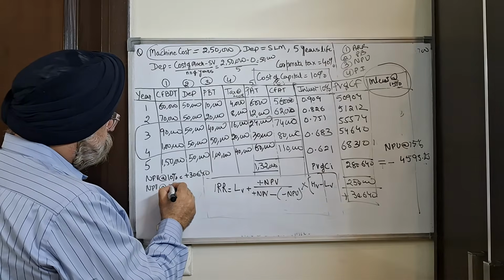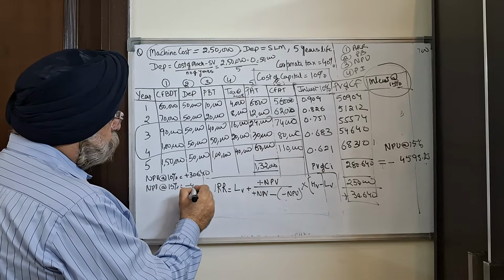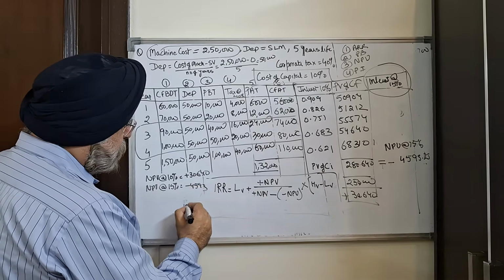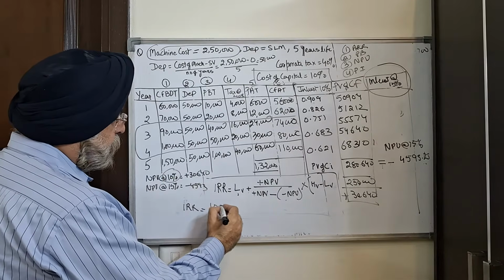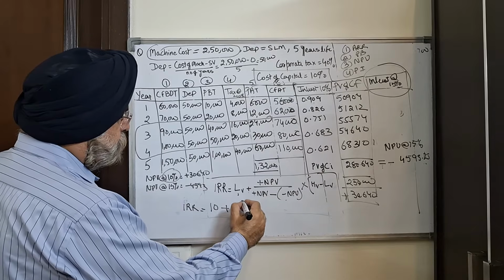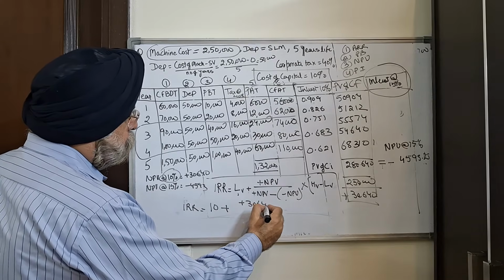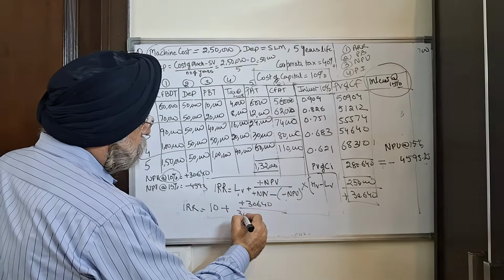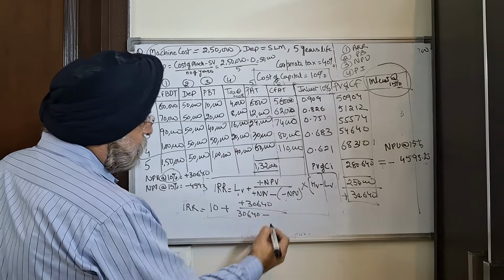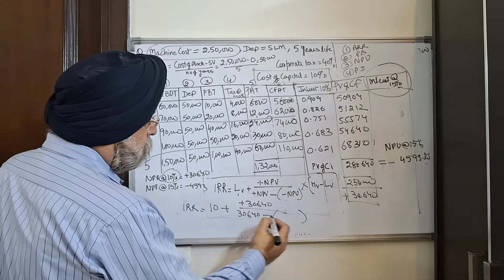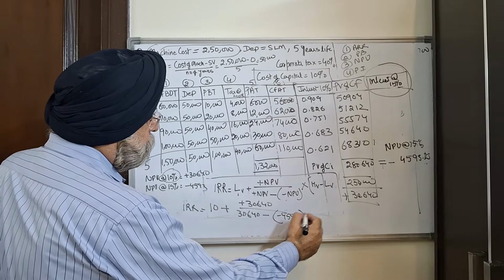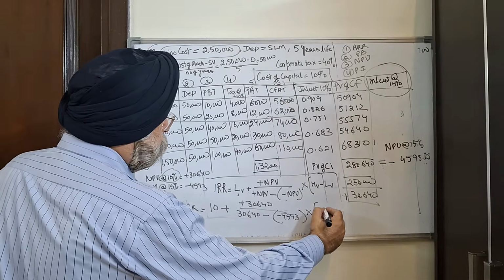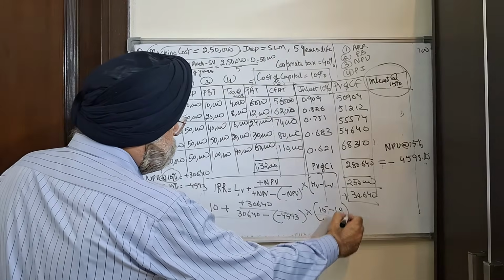NPV at 15% is minus 4593. Now IRR is equal to lower value 10% plus positive NPV 30640 divided by 30640 minus negative NPV minus 4593 into higher value 15% minus 10%.